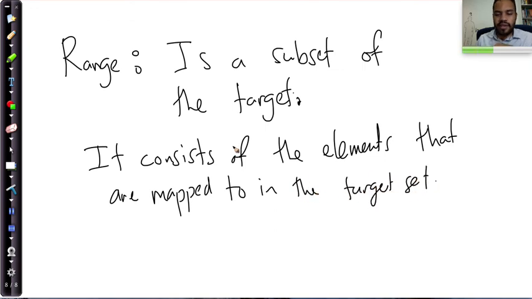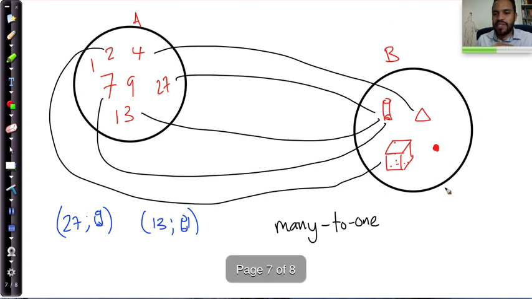Now, if you look carefully, if we go back here, what are the elements you actually mapped to from the source or from the domain to the codomain? Which elements did you actually map to? So I'm going to just write over there the range, and if you look very carefully, the range is actually the set that contains cylinder, triangle, and cube.